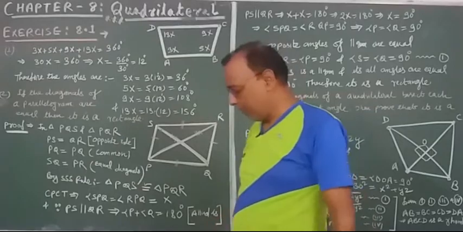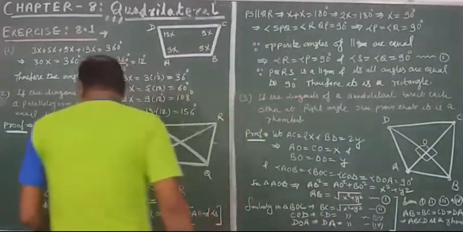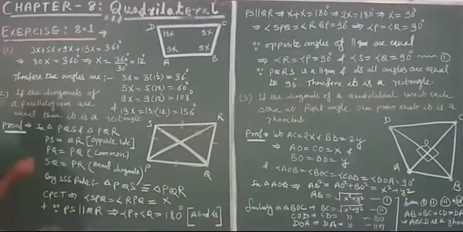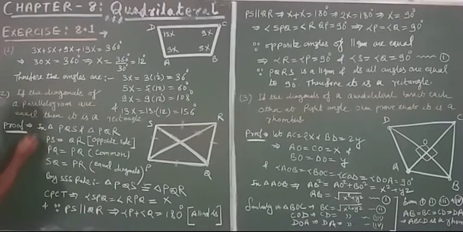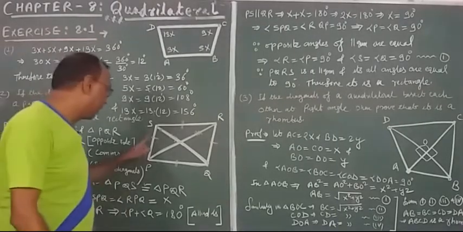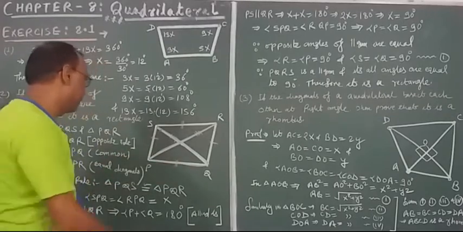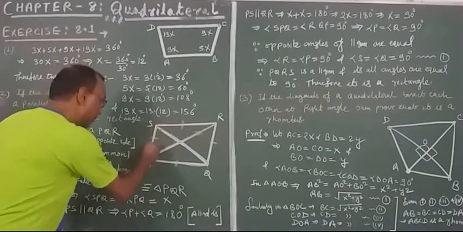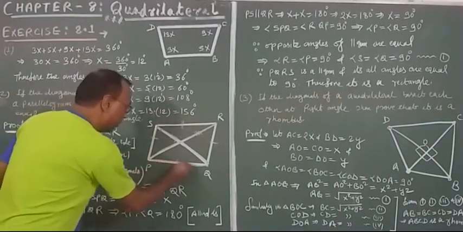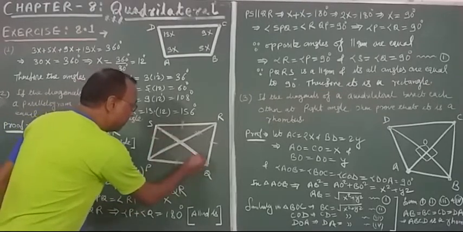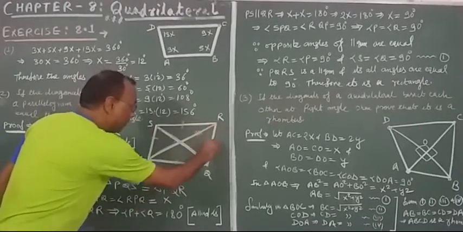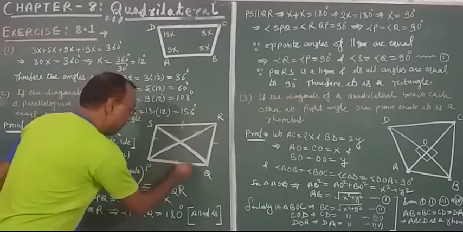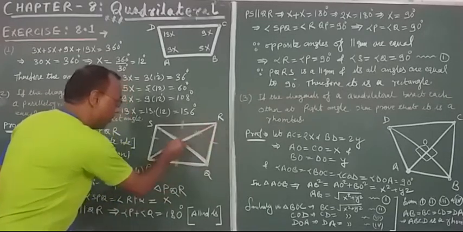So by the SSS rule, because PQ was the side, PS is the side, SQ is also the side. By the SSS congruency rule, triangle PQS is congruent to triangle PQR.